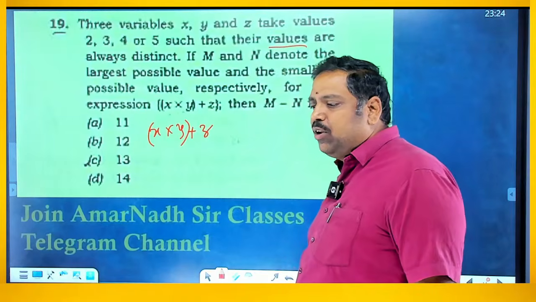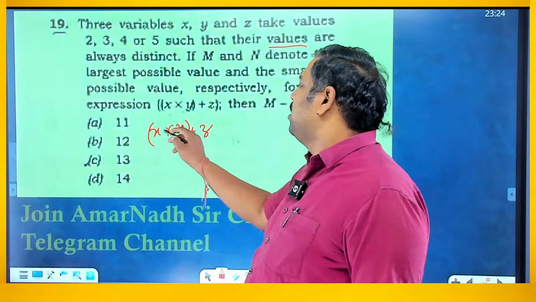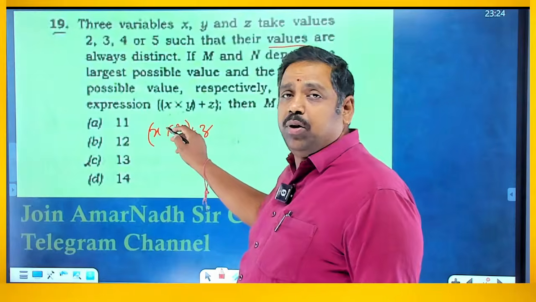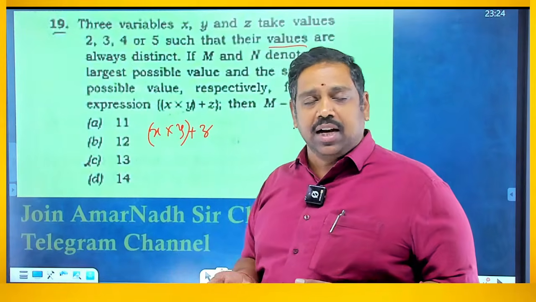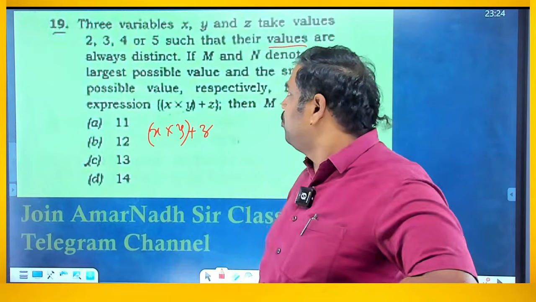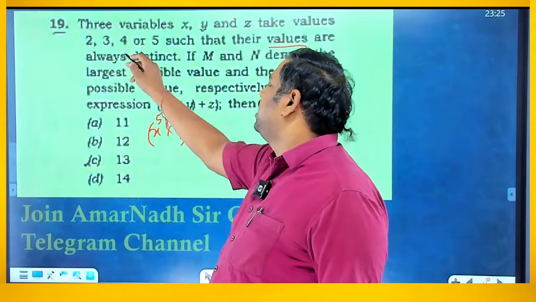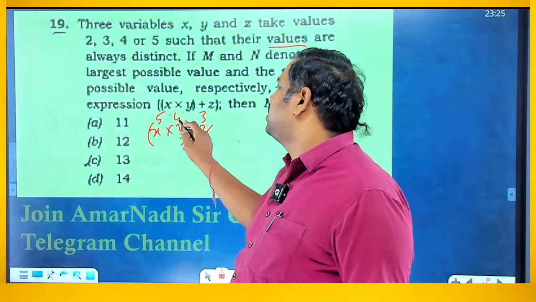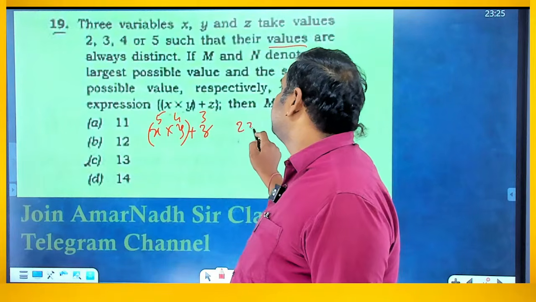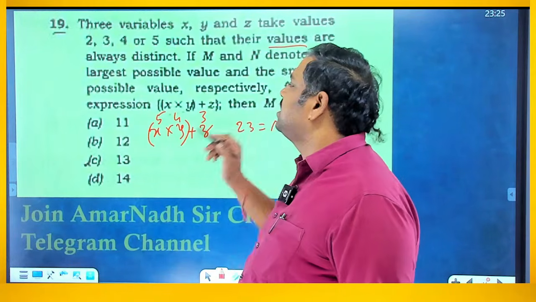Here, if its value is largest, that means the product should be greatest, right? In the product you have to use larger numbers. So larger ones are 5 and 4. The next larger one is 3. 5 4s are 20 and 3, 23. This is the largest, he specified largest as m.